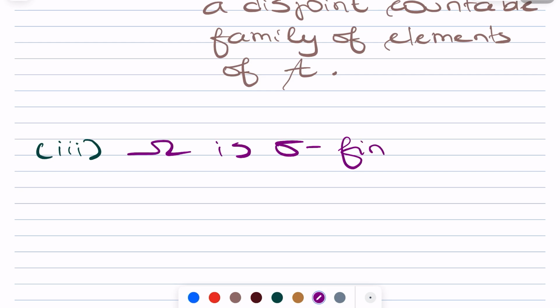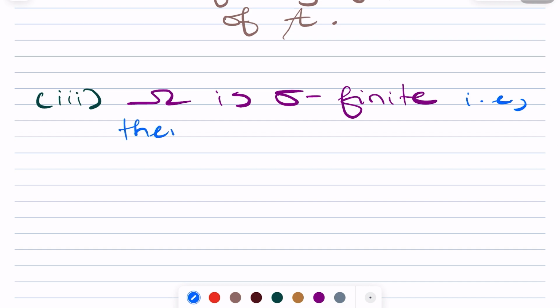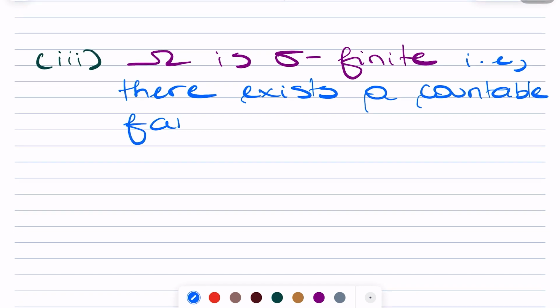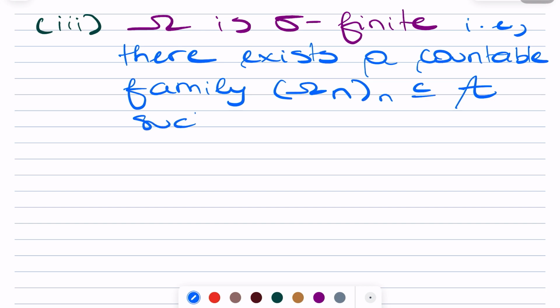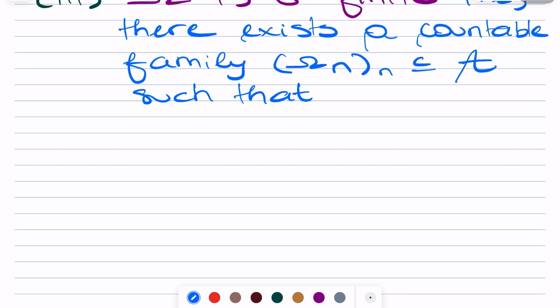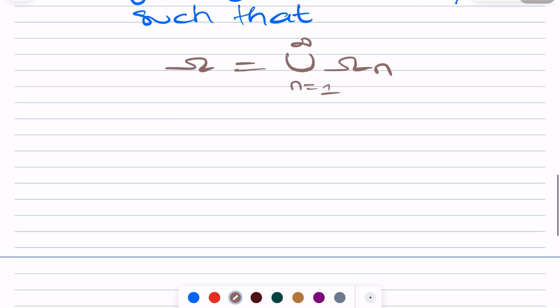This means that there exists a countable family, say Omega_n, in A, a countable family of measurable sets, such that Omega can be written as the union of the Omega_n, n moving from 1 to infinity, and the measure of Omega_n is finite for every n.